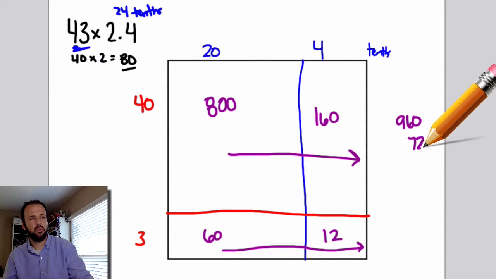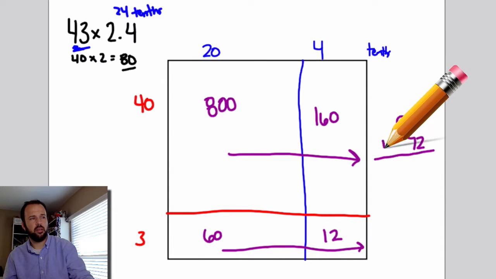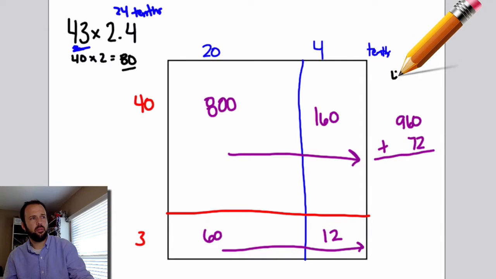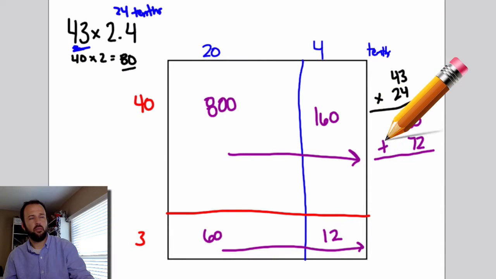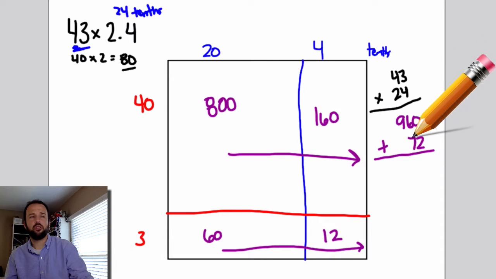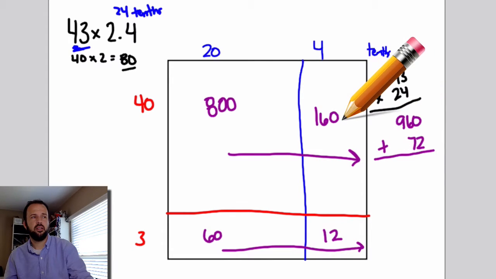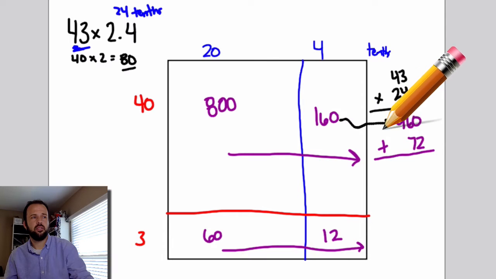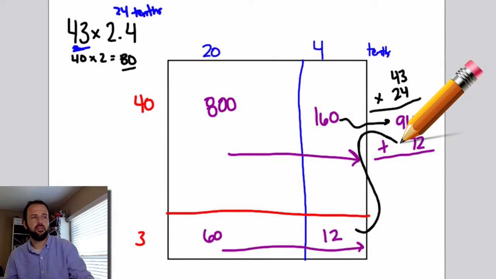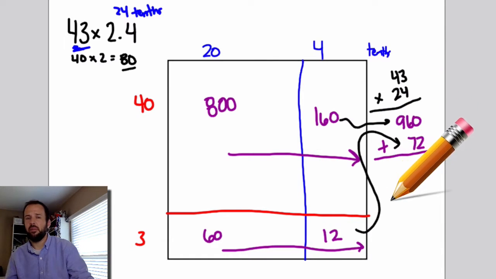And then I'm going to add those up. So basically what we've done is we've taken that 43 and those 24 tenths, and we've multiplied them, and we've gotten these two partial products here, 960 and 72.